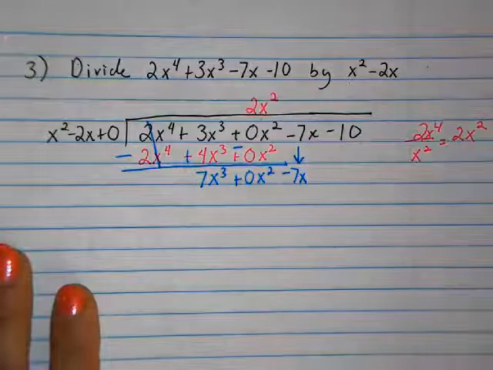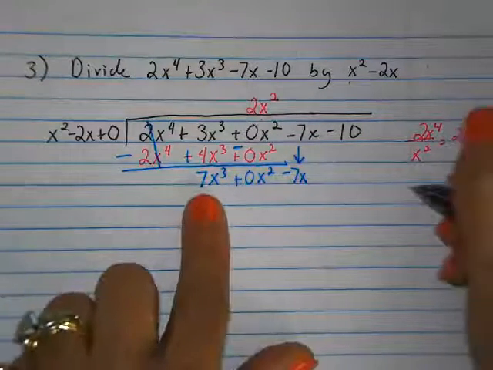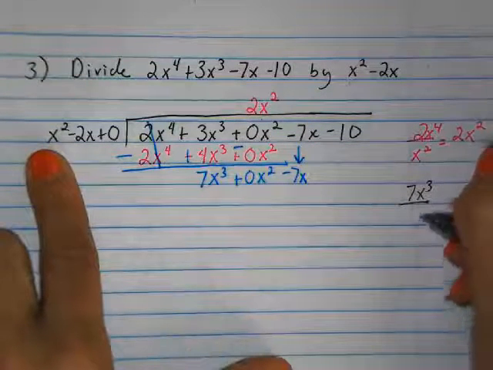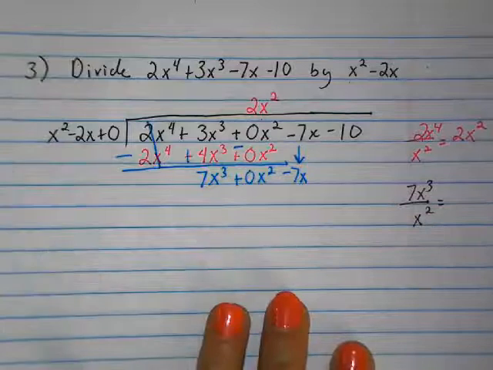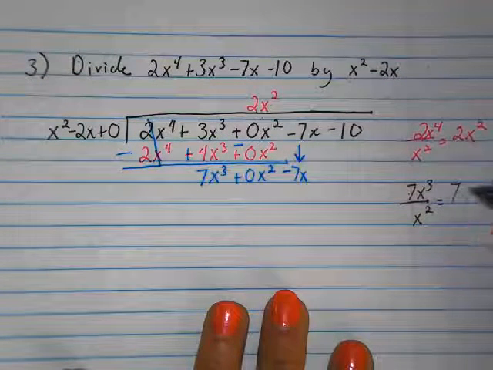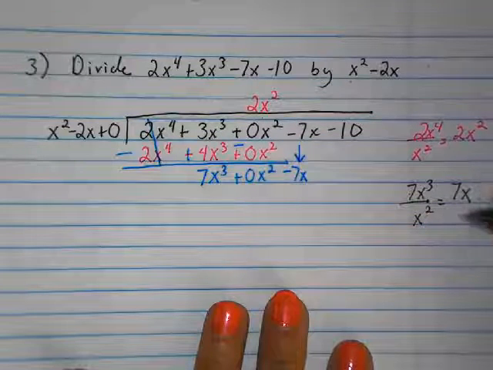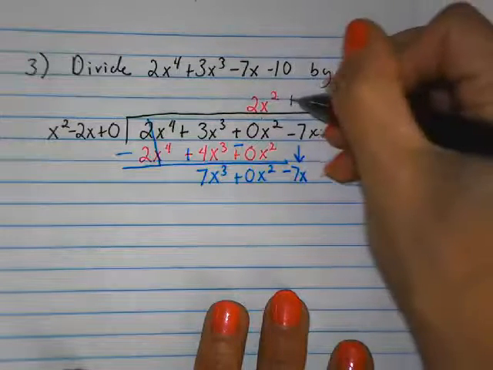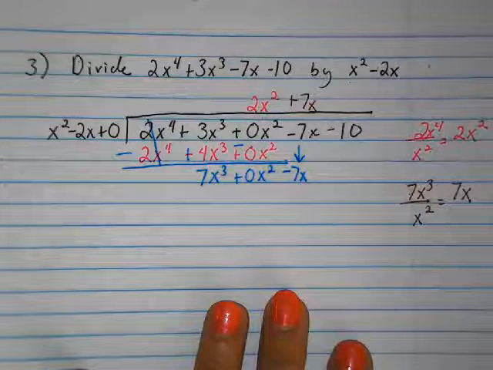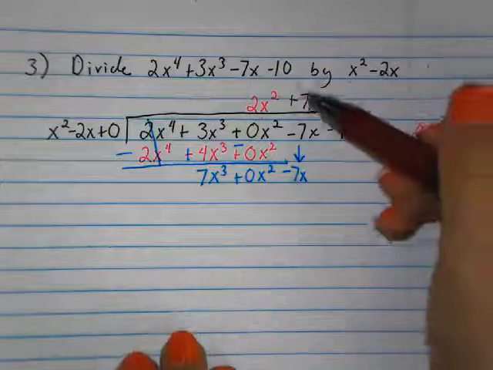Alright, here we go. First term, 7x cubed, divided by first term, x squared. So 7x cubed divided by x squared is 7x. And what's his sign? Positive. Alright, do your pattern all over again.